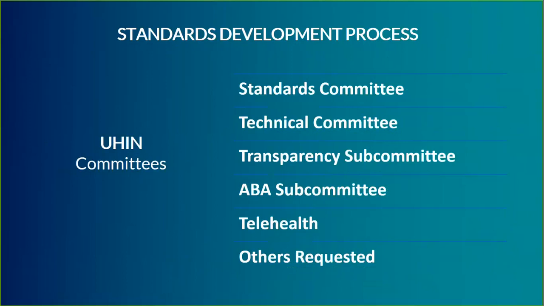We had the Transparency Committee, we have the ABA, I just want to say it's the autistic folks, because I can't remember what the ABA stands for, but we have that subcommittee, and then we also have the Telehealth Committee. So we created these subcommittees. We had one new standard, which was the ABA standard. We had the Telehealth, which was an update to a very old standard, and we also updated our transparency.